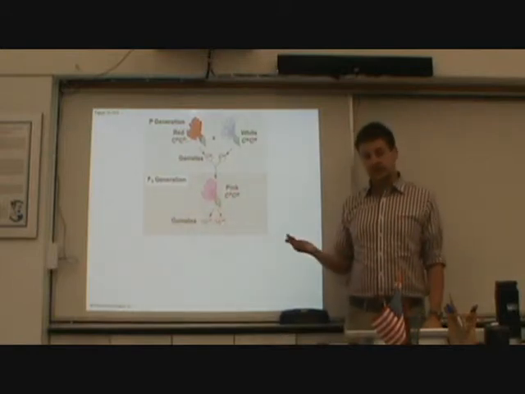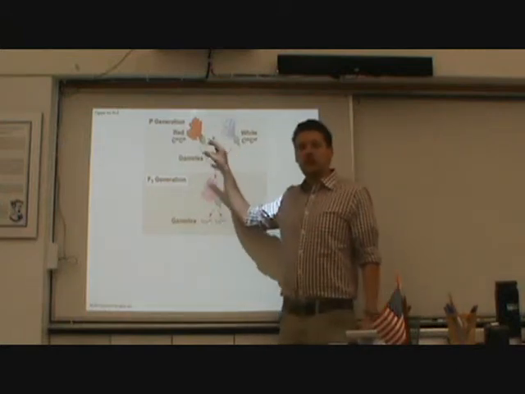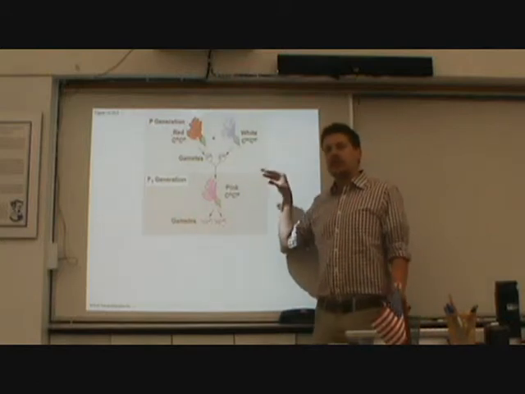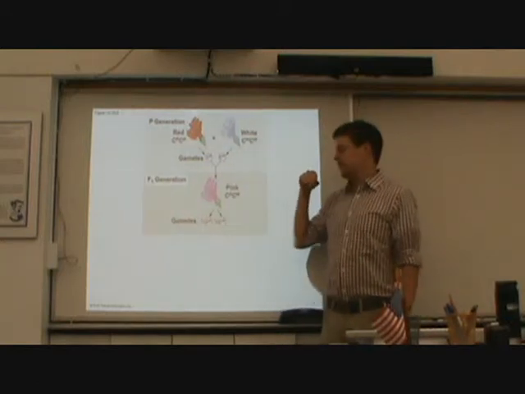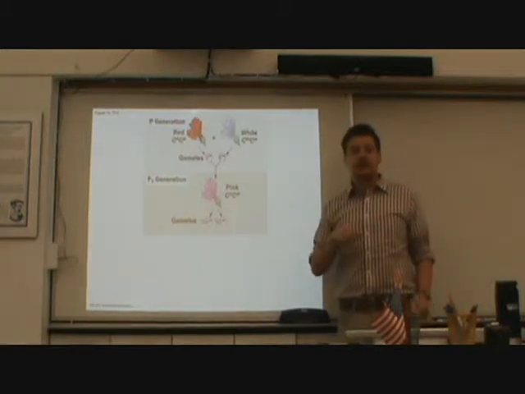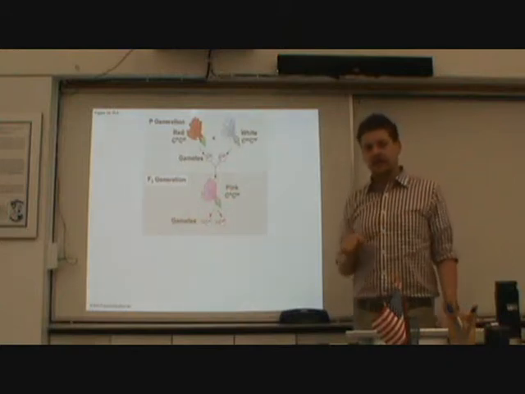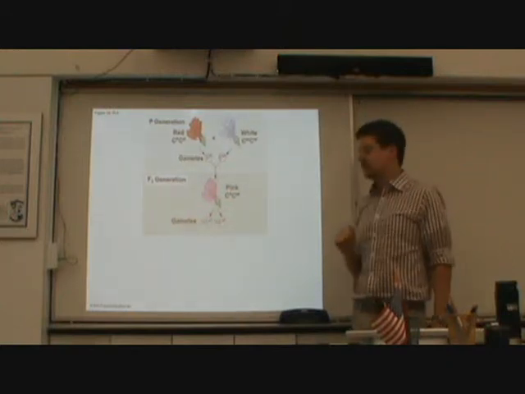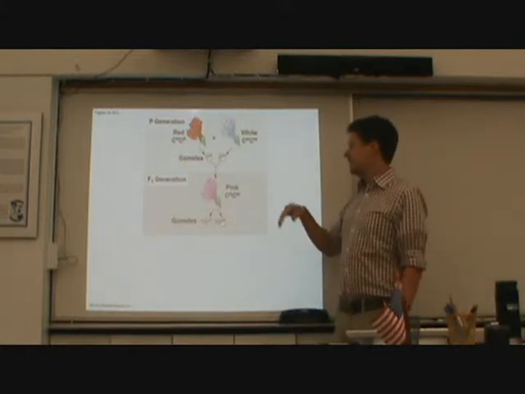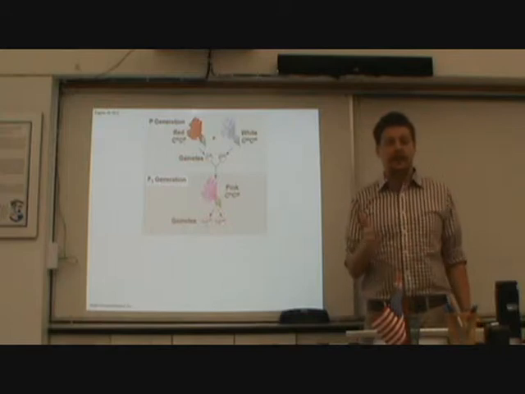And this is what we see. We see all heterozygotes in this generation, because there's only one allele coming from this side and only one allele coming from this side, so every single offspring of that next generation is going to have a mix of both. But, unlike with what Mendel saw in his experiments, in these snapdragons, you don't see just a dominant allele coming through in the phenotype.